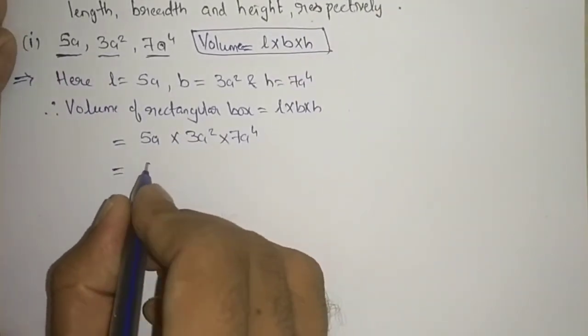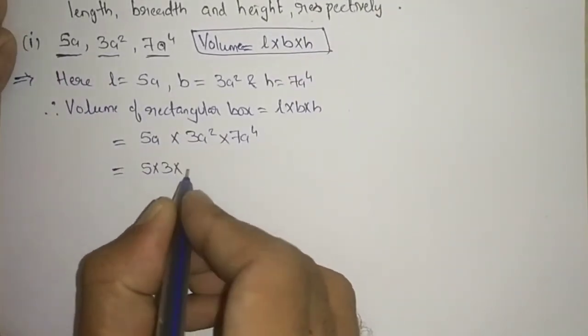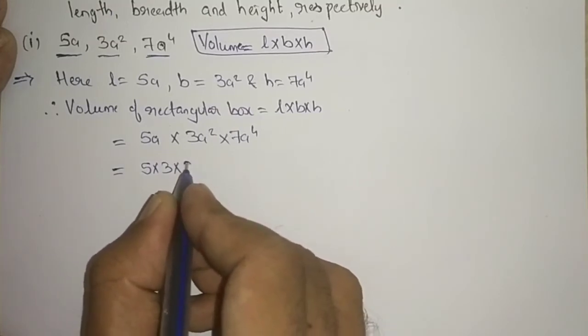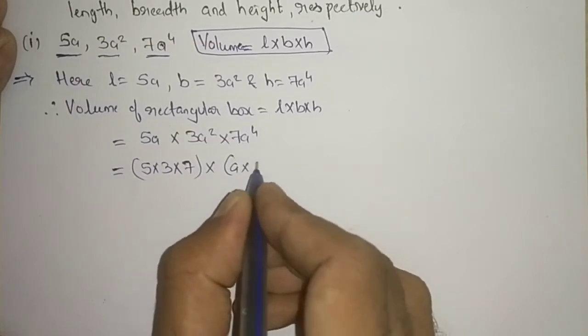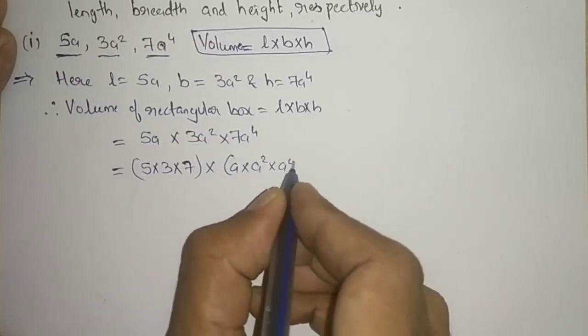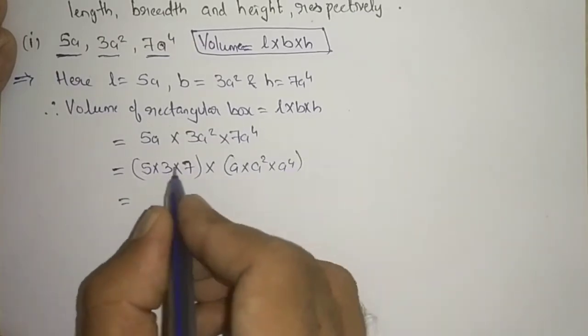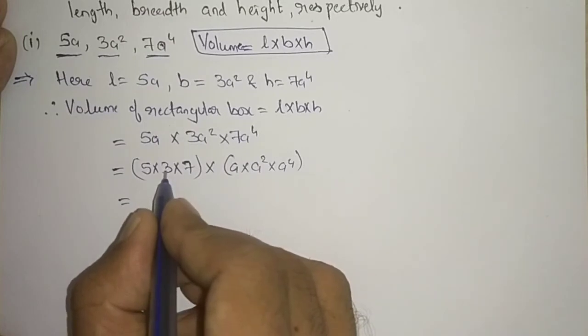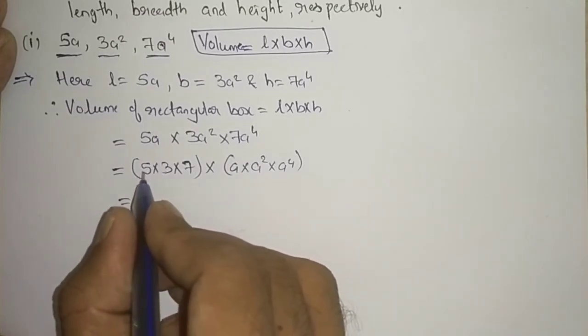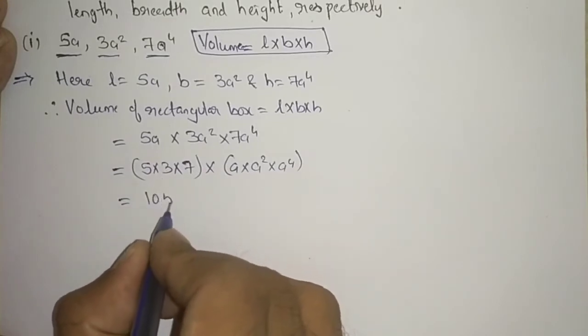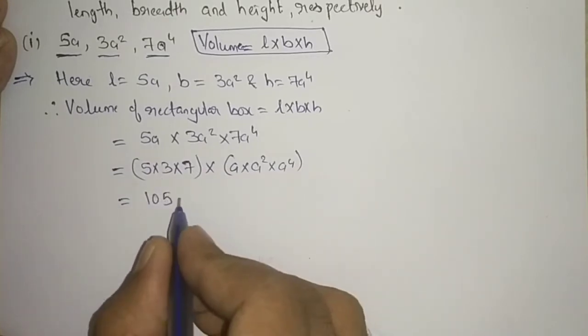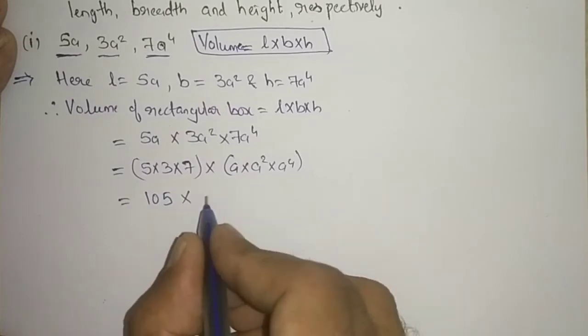We will take numerical values in one bracket, 5 into 3 into 7, and then multiply the variable portion. 7 3s is 21, 21 5s, 2 5s is 100 and 1 5 is 5, so it is 105 into a.